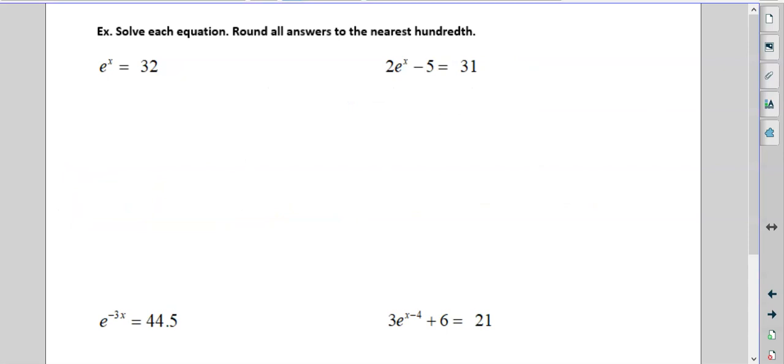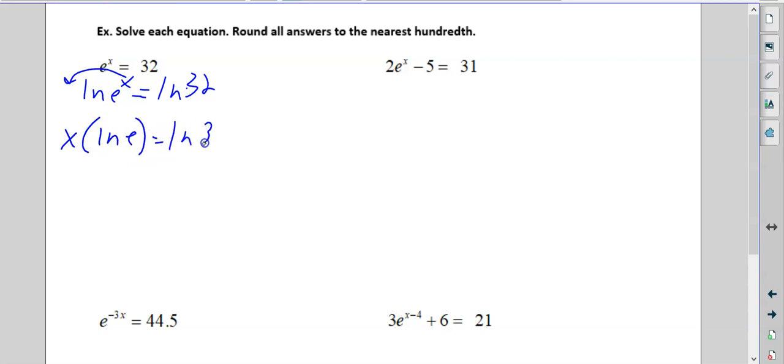So here's what we're going to do here. Same idea. We're going to ln both sides instead of log both sides. We use it as a verb. So we're going to ln e to the x equals ln of 32. Now, we're going to move this out to the front, and then something magical is going to happen. We have x times ln e equals ln 32.